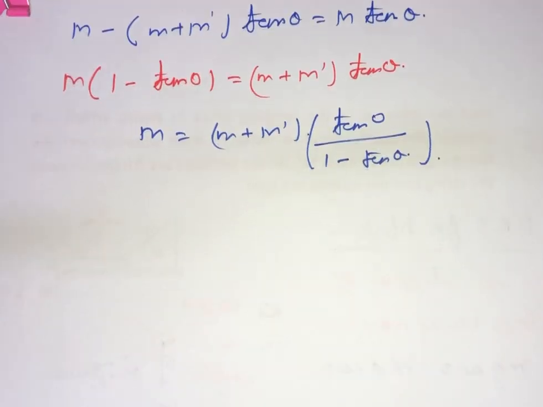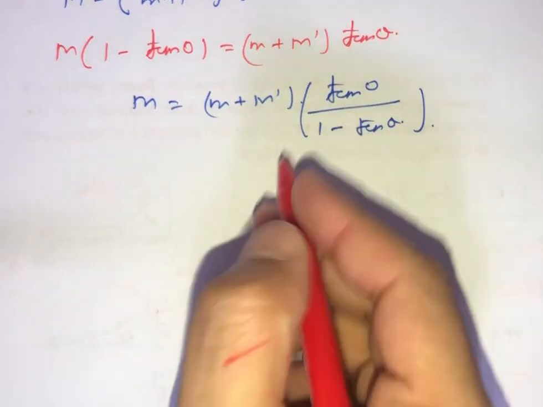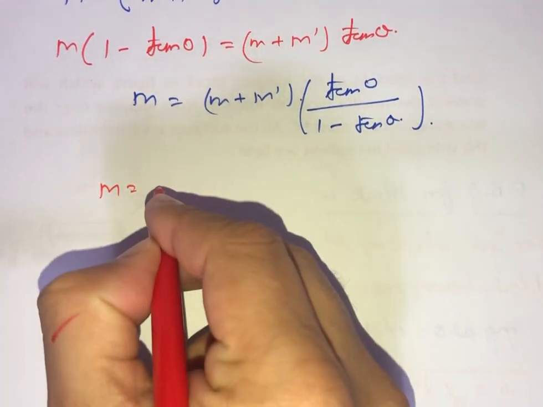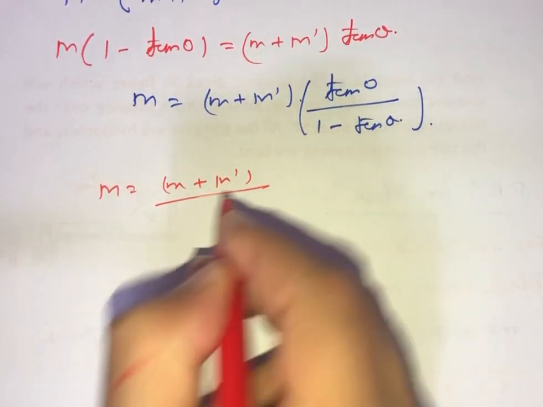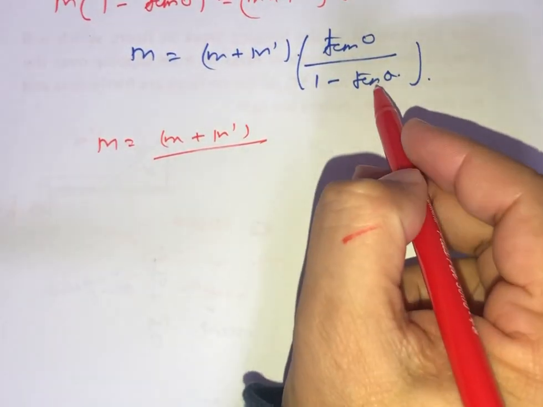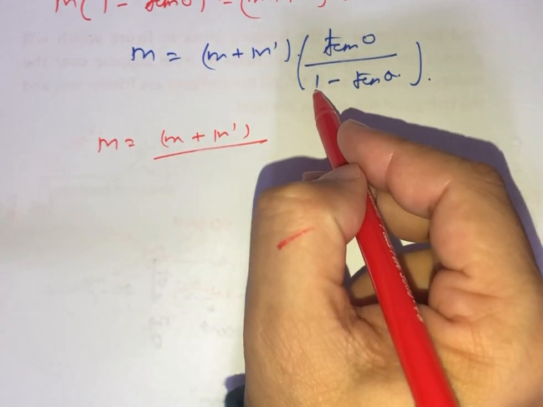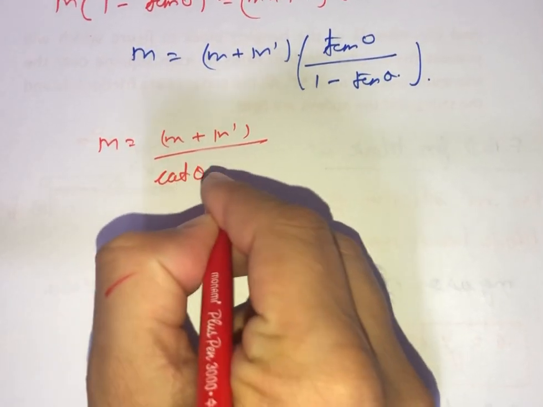Now we can divide numerator and denominator by tangent of theta. So we can say that M is equal to (m plus M prime) divided by, if we take tangent theta common from the denominator, 1 upon tangent theta, so this will give us cot of theta minus 1.